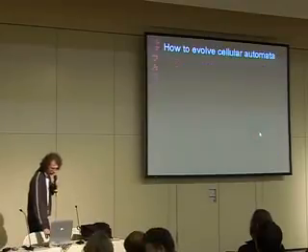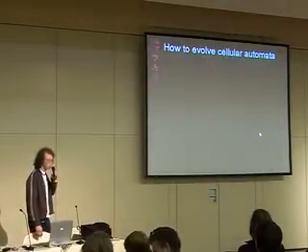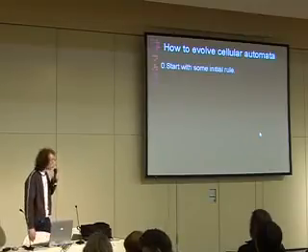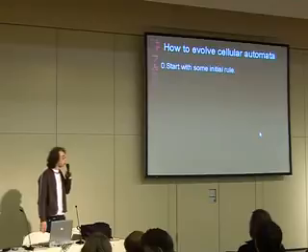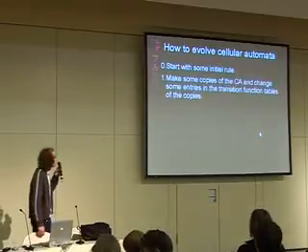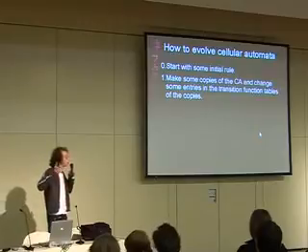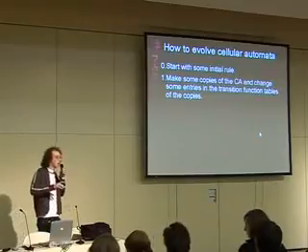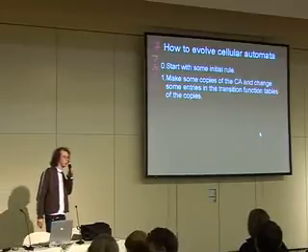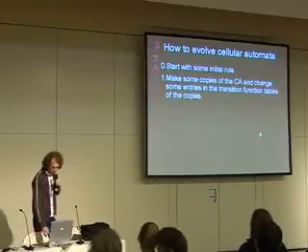Here's an idea. We could evolve them. This is an algorithm I would propose. We start with some initial rule, and then we make some copies of this initial rule and just change some entries in the transition function table that I've talked about before.